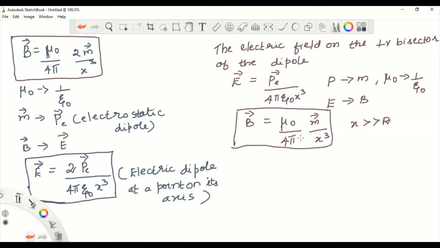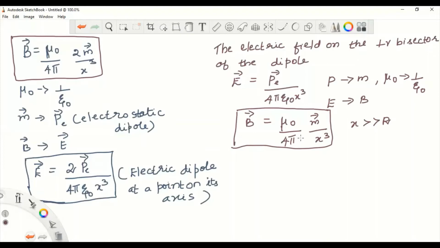So these two expressions are applied to any planar loop. That is, a planar loop is equivalent to a magnetic dipole of dipole moment M is equal to IA, we know that, which is the analog of electric dipole moment. So this is very, very, very important, children.